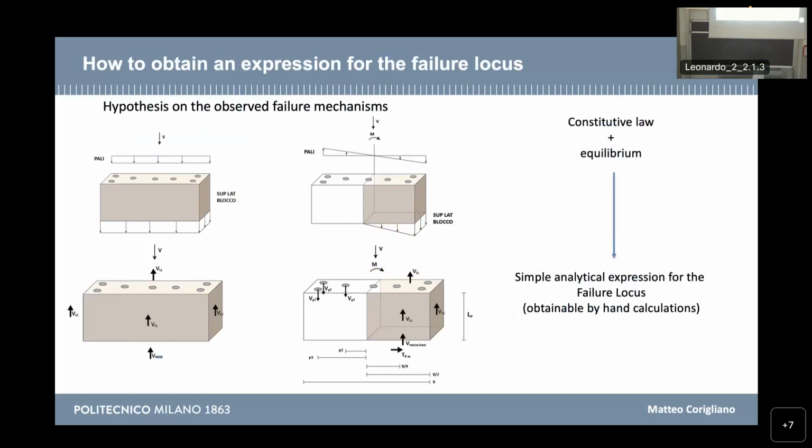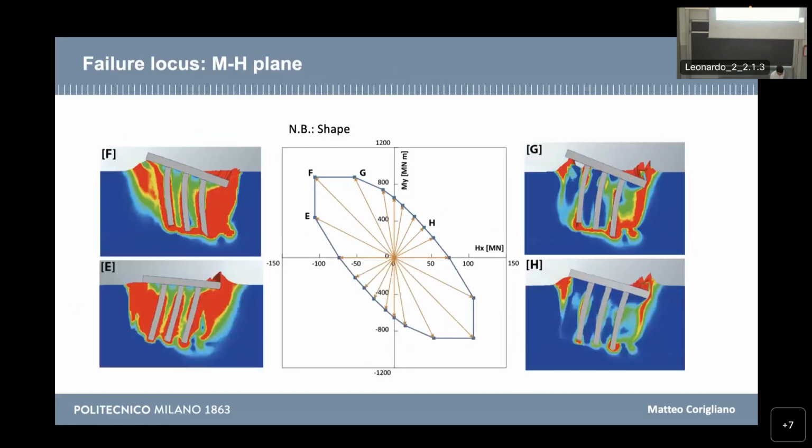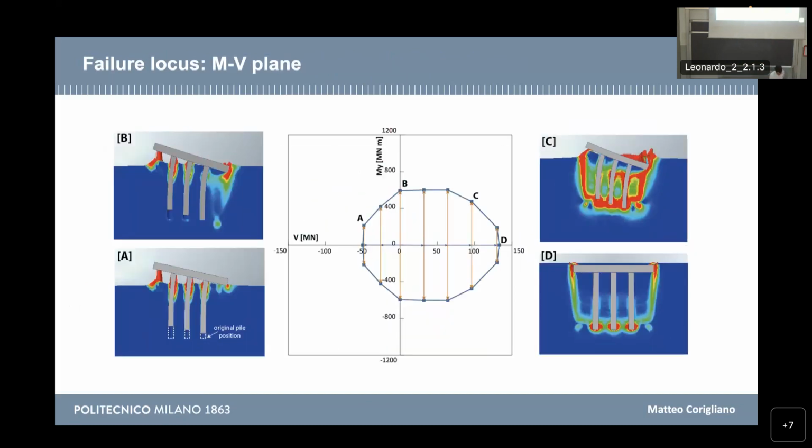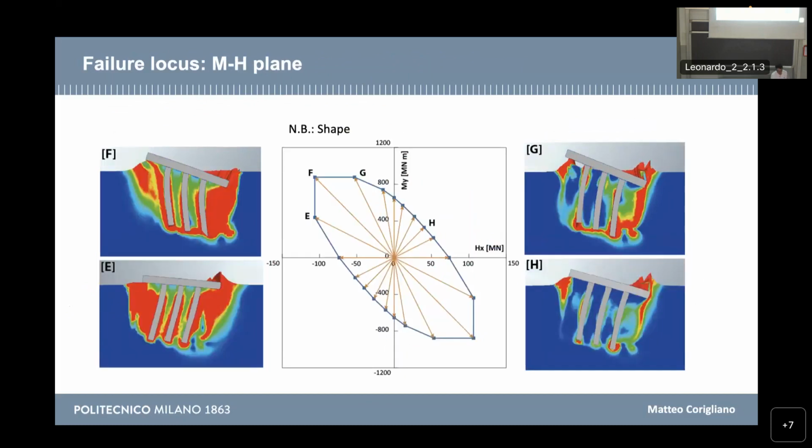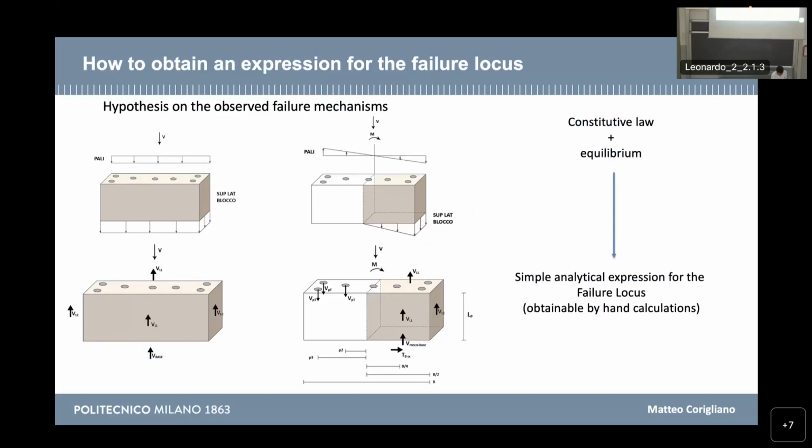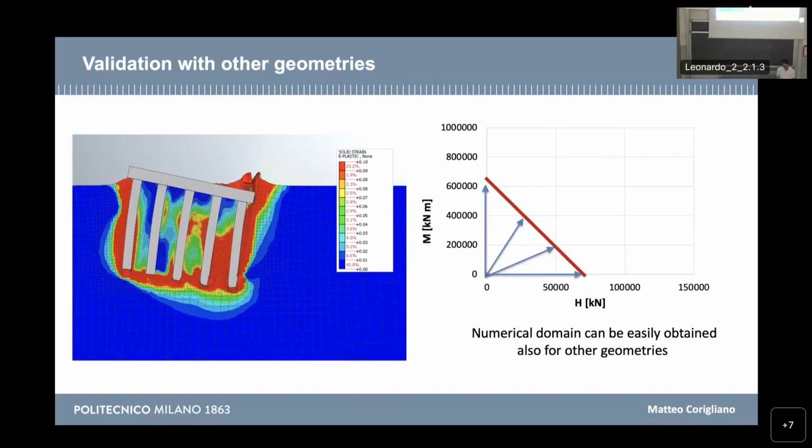Observing the mechanism, the shape of this failure locus is easily determined by means of calculations. And the interesting point is that these expressions work also for other geometries.